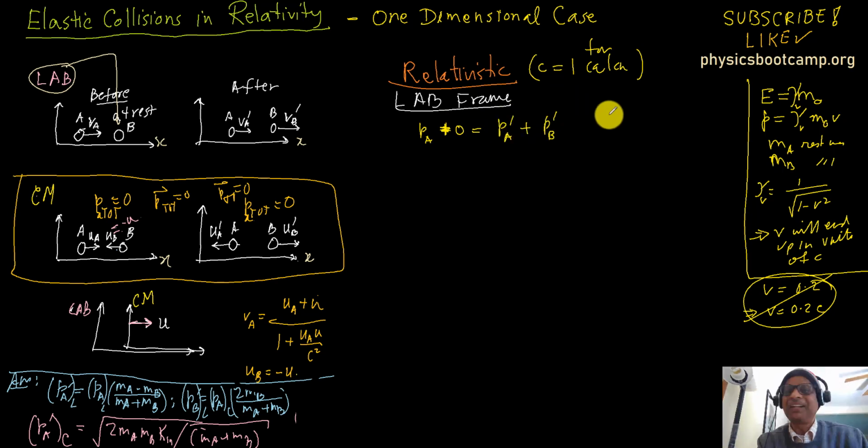So it's exactly the same equation as non-relativistic, not much difference symbol-wise. Instead of writing kinetic energy, we write the energy of A, but this one does not have zero energy anymore. So energy of A plus the rest energy of B.